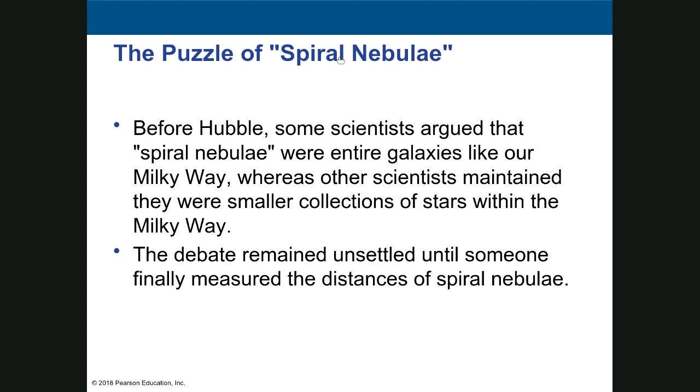And basically, yes, some people did pose the right answer, but they had no means to devise an experiment to answer the question. Hubble devised the experiment and answered the question in 1920.